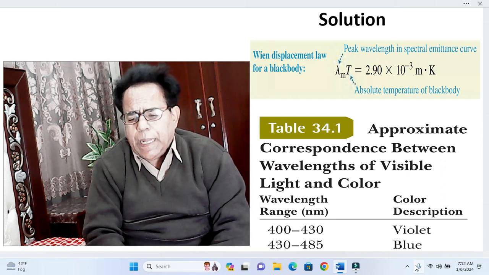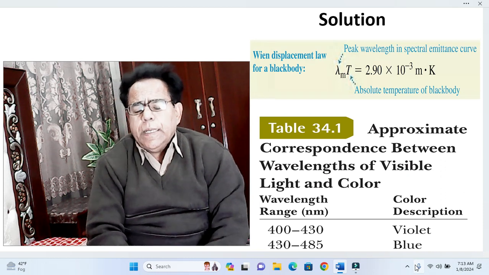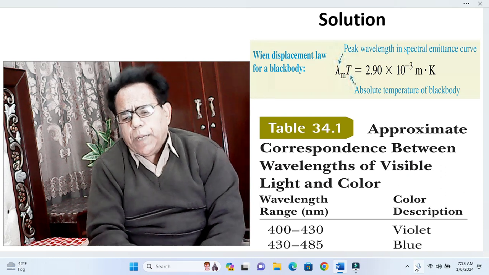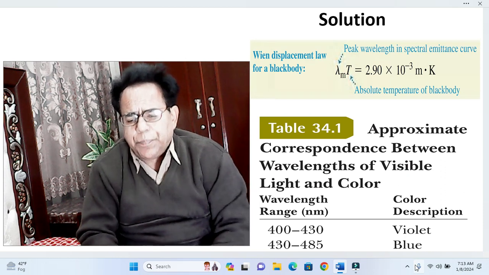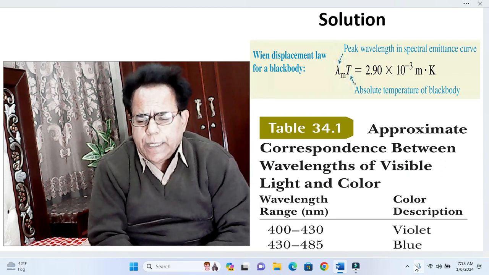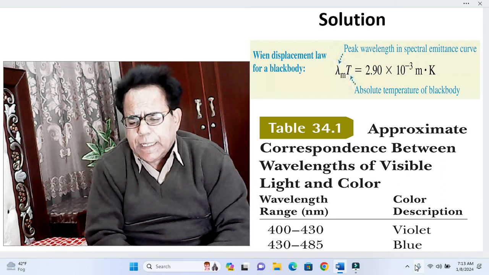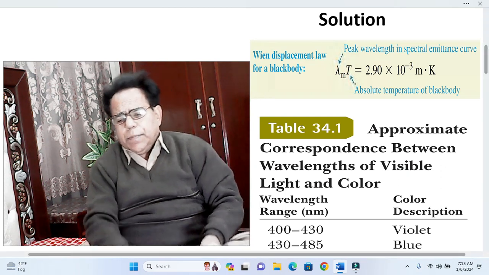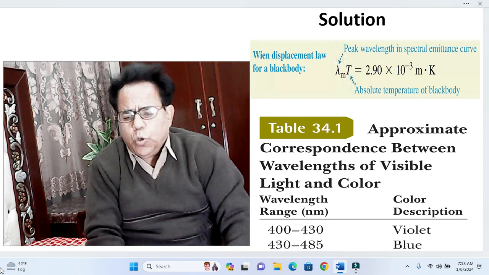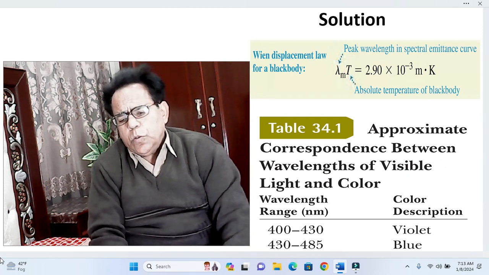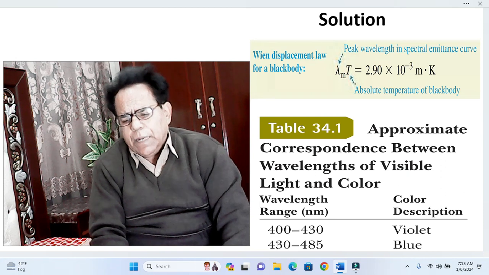Lambda m is the peak or maximum wavelength, and capital T is the absolute temperature of the black body. Hence lambda m T is equal to 2.90 into 10 raised to the power minus 3 meter Kelvin. 10 raised to the power minus 3 may also be termed as milli. So lambda m T is equal to 2.90 millimeter Kelvin.